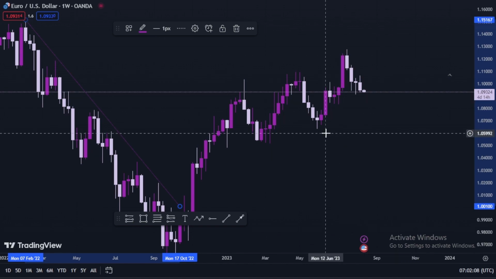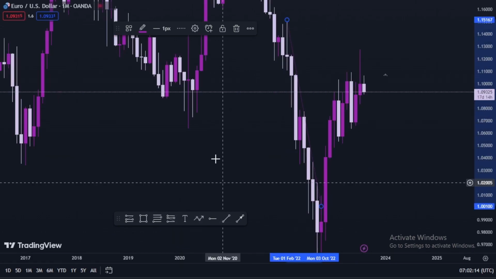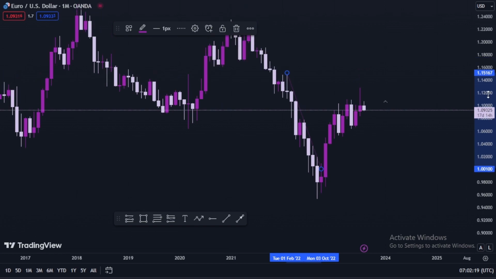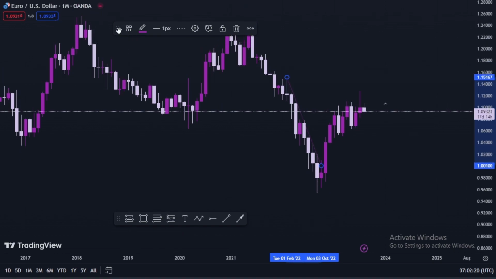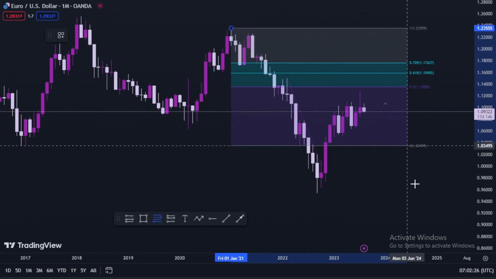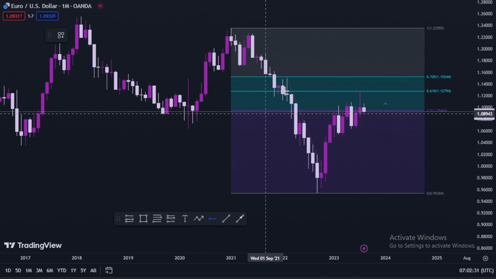All right, I think what I'm going to do is this. Let me just go back to the monthly so that I can carry you along with what I'm saying. Okay, so we'll reprice this impulsive leg to the downside before we had that major rejection to the upside. Having this now, I'm just going to tag it so that for us to be able to refer to it on the lower time frame.